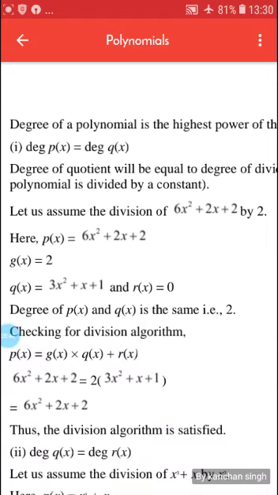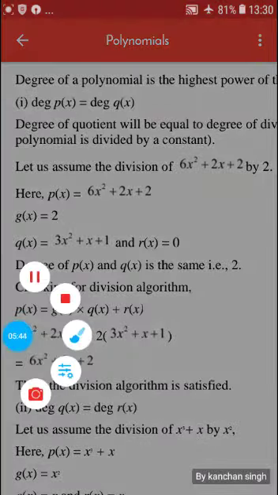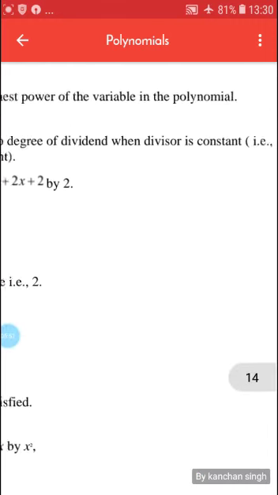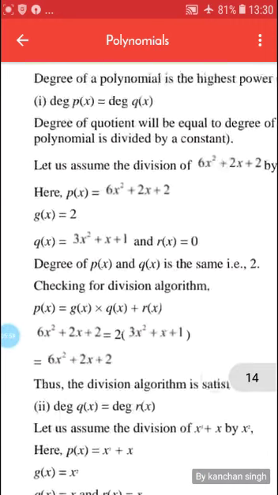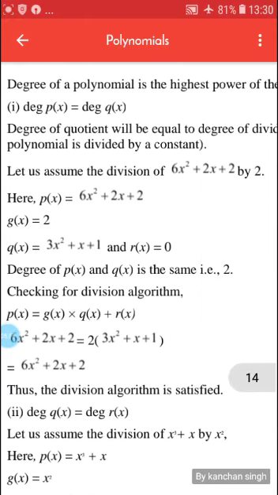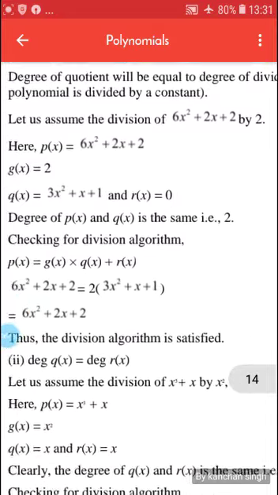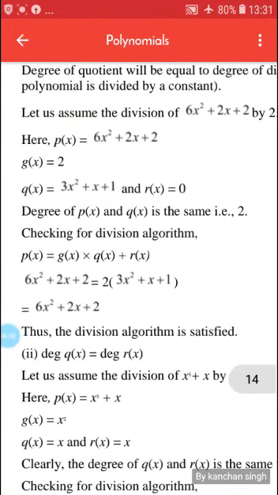So in the first case, we have to make degree of p(x) equal to degree of q(x). Degree of quotient will be equal to degree of dividend when the divisor is constant. Then only degree of p(x) will be equal to degree of q(x). So let us assume the division of this one.